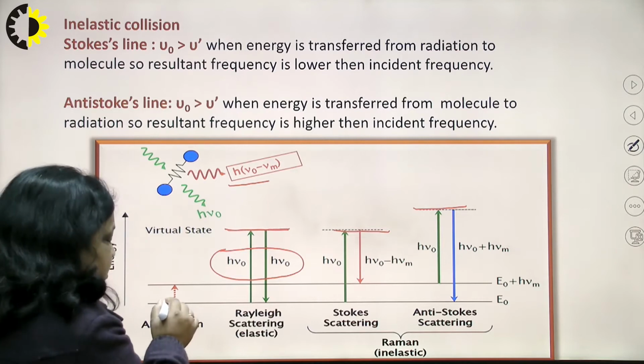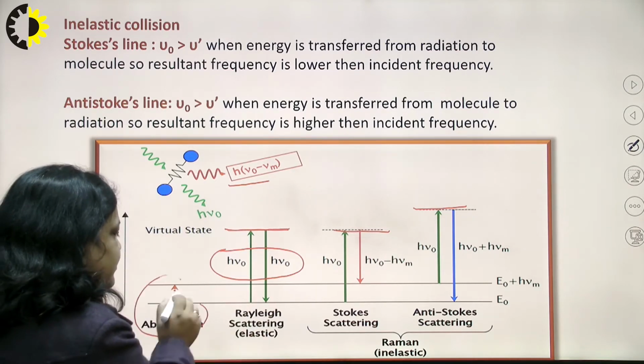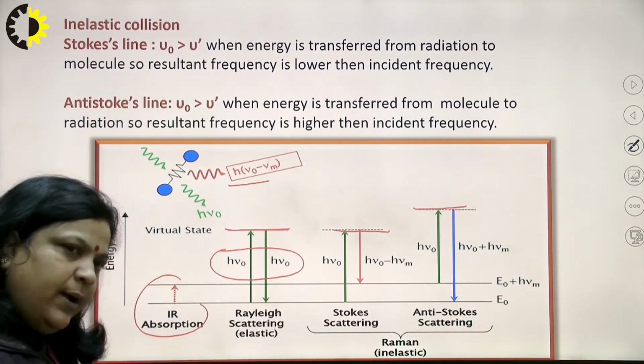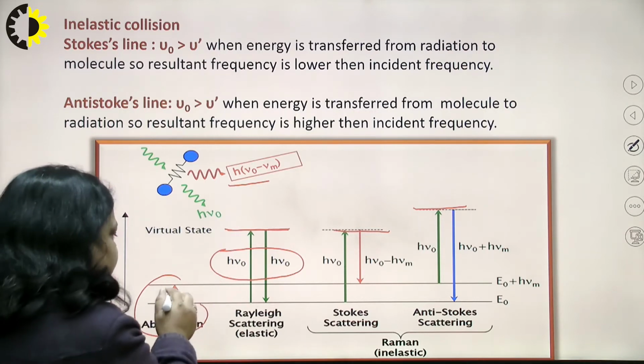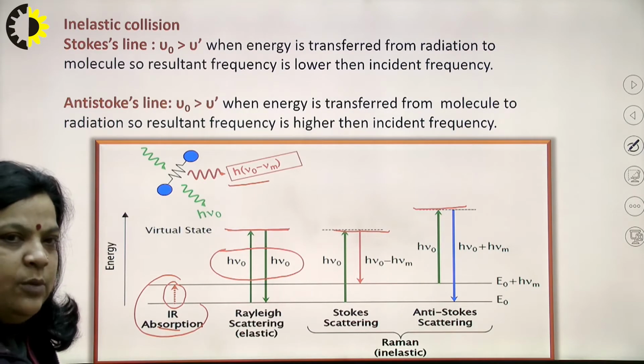Although it is a totally different phenomenon, because in IR absorption, if the energy is absorbed by the molecule and the transition occurs in a vibrational energy level, then this is called IR absorption.